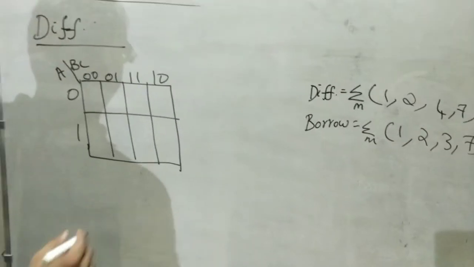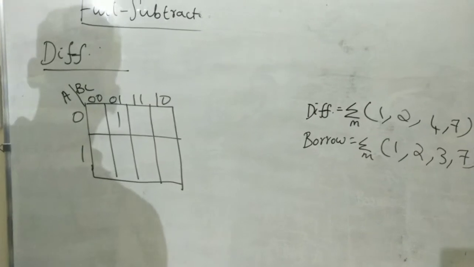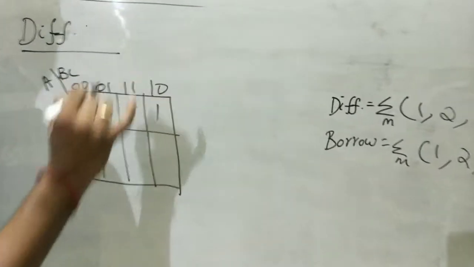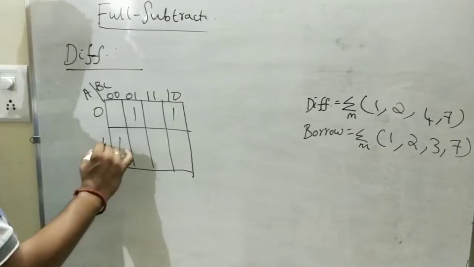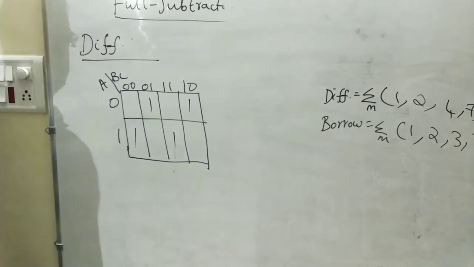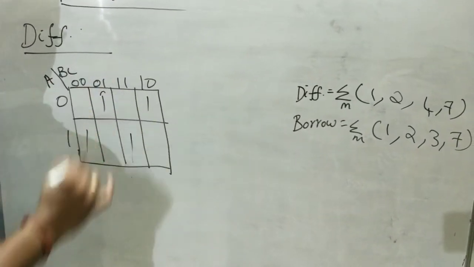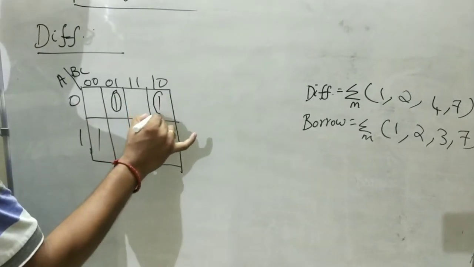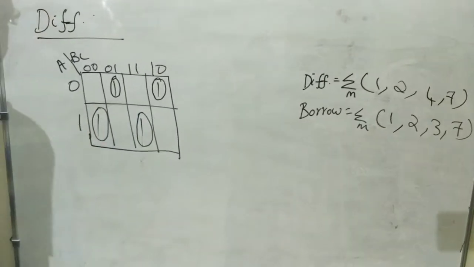So what are the minterms of difference? 001 is 1, then 010 is 2, 100 is 4, 111 is 7, that is all. Okay, so here also we need to go individually. We cannot form any pair or quad, something like that.